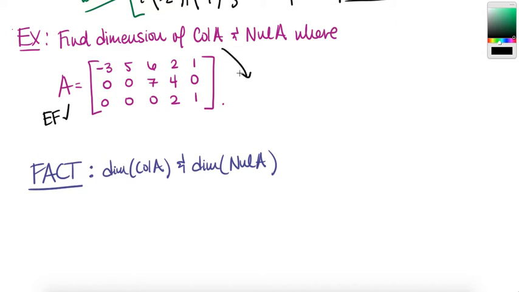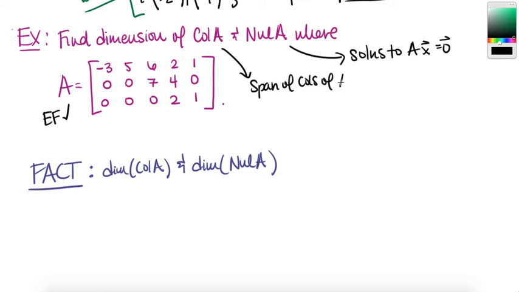Let's remind ourselves what column space and null space are. Null space is all solutions to the homogeneous equation AX equals 0. Column space is the span of the columns of A. Remember from the last section, we found a basis for the null space by row reducing and solving this homogeneous equation.